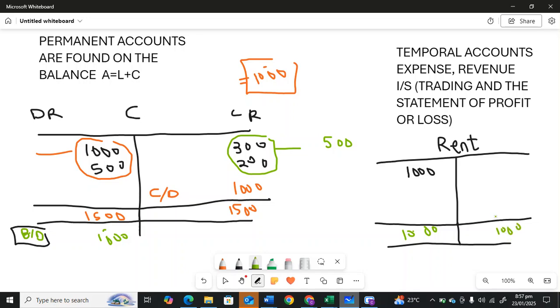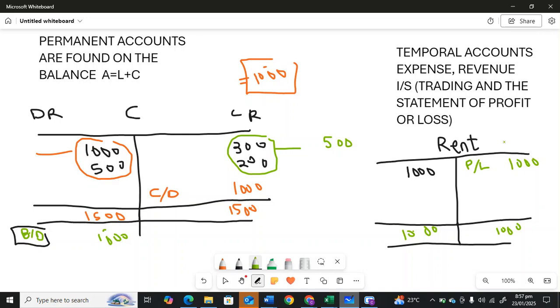To close this account, we need to make the balance zero. So we're going to credit this account and say, credit it to the statement of profit or loss. So I'm going to credit the same amount, 1,000. Debit minus credit, zero. So this account is closed.